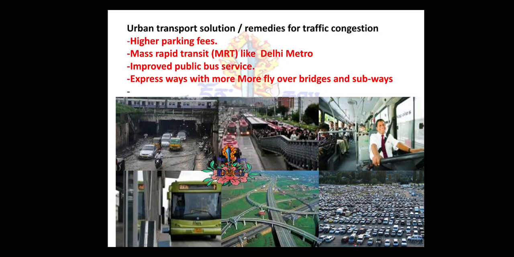And the fourth thing is, we can minimize the traffic problems in the world by making more flyovers, bridges, and subway. So in the image, the first image is, in order to minimize the traffic problem, above the road we have a train moving, and under the railway track we have a roadway, that is called subway.